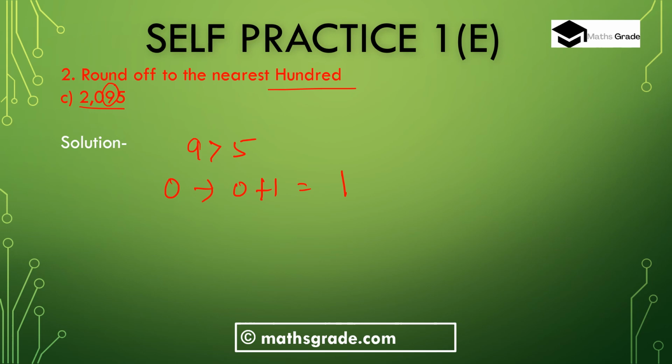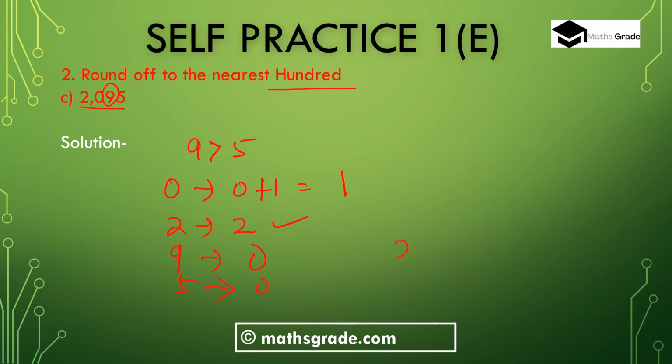The 1000 place digit stays as it is, that is 2. Write down 2 in the 1000 place, and this 0 changes to 1, and write down 0 in the tens place, that is 9 changes to 0, and in the unit place write down 0, that is 5 changes to 0.